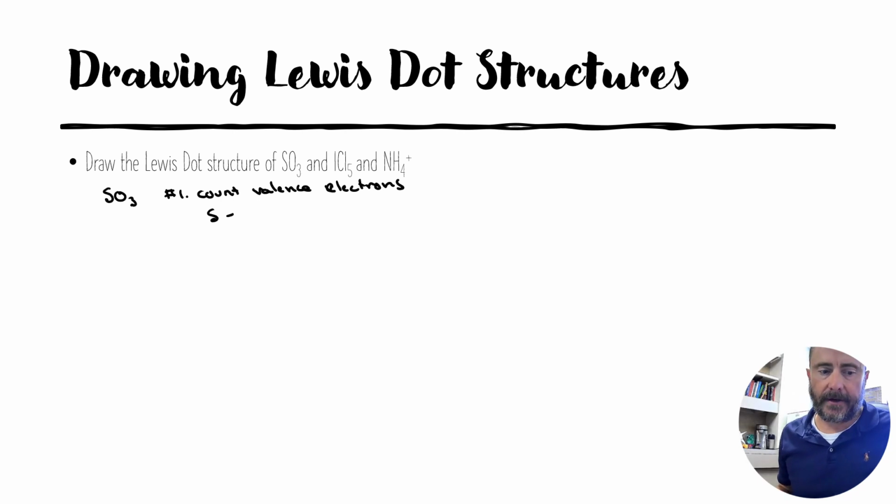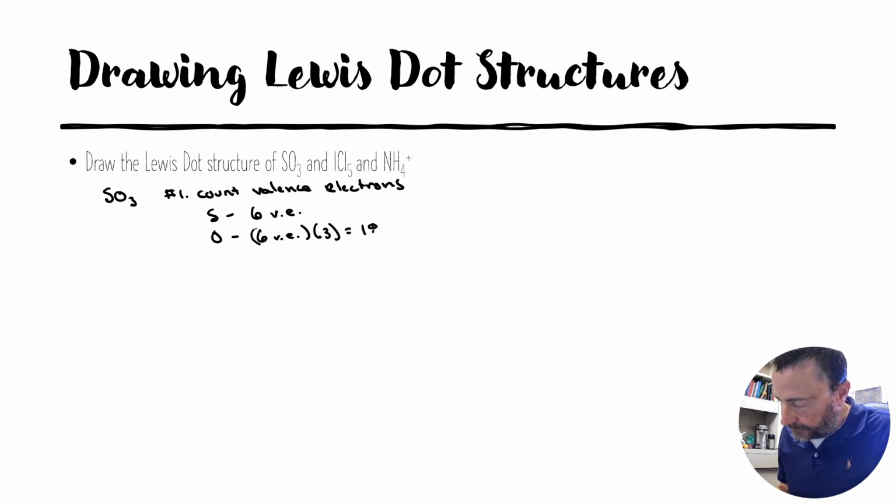Sulfur, if you find it on the periodic table, is in group 16. So it has 6 valence electrons. Oxygen is also in group 16, sorry. It has 6 valence electrons, and there are 3 of them. So we have 6 valence electrons plus 18. So we've got 24 valence electrons to play with.